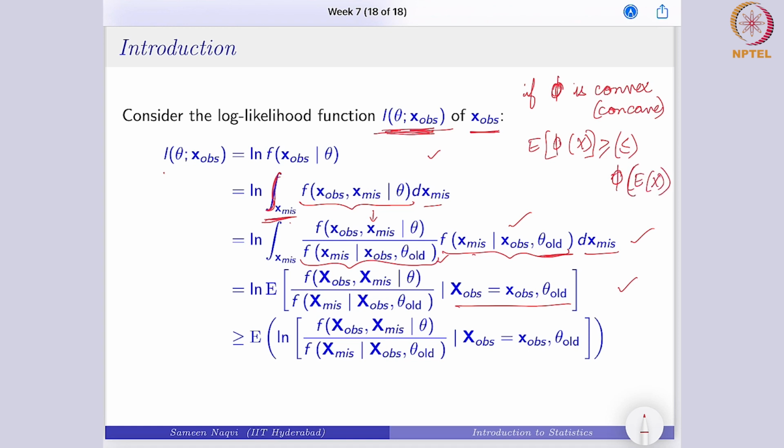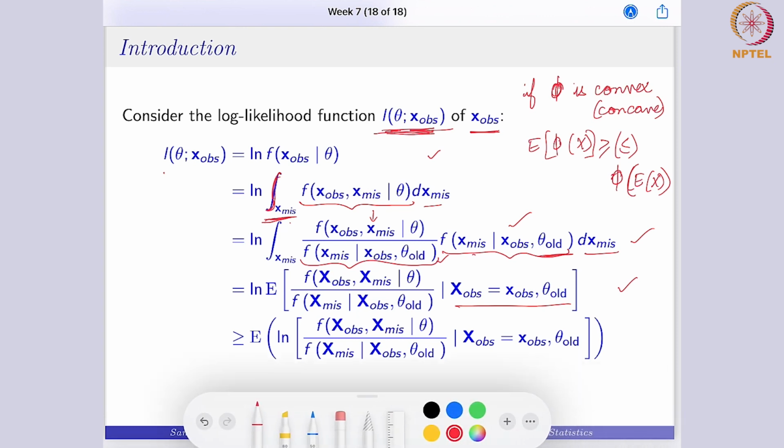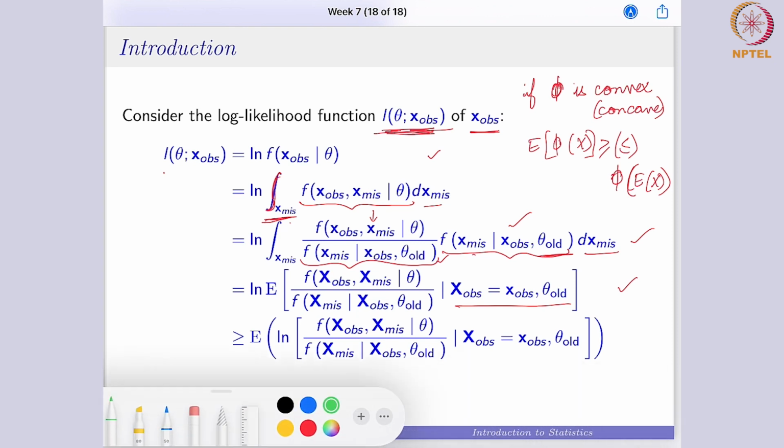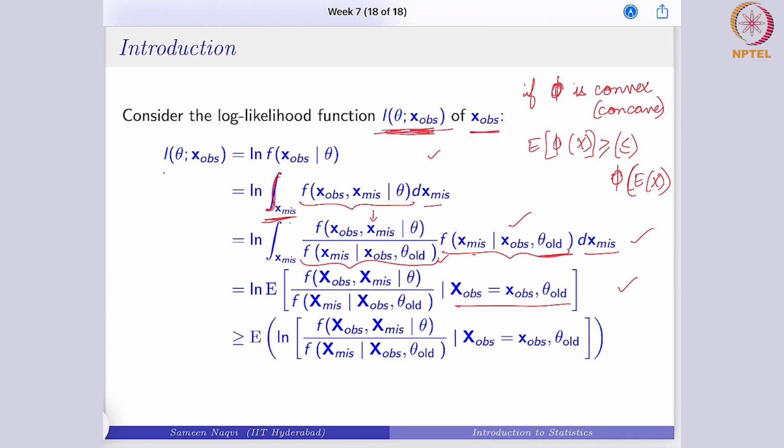Right? So if you look at the concave situation, we are talking about this inequality over here, and we have log, which is your concave function. So log of expectation is greater than or equal to, you can take expectation outside and you are left with this log term.